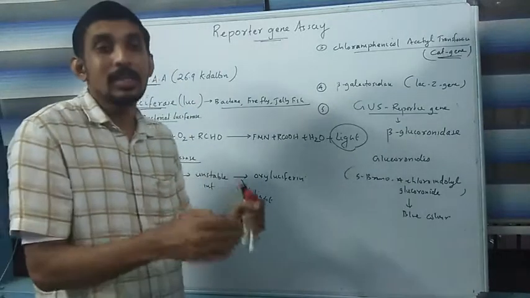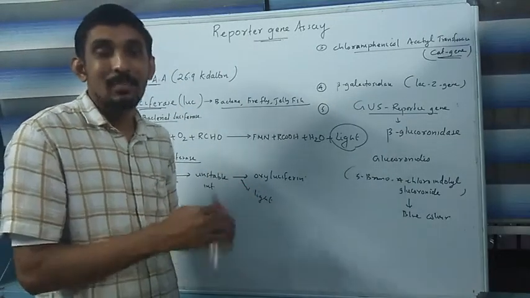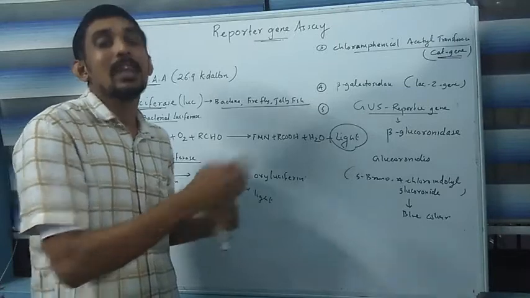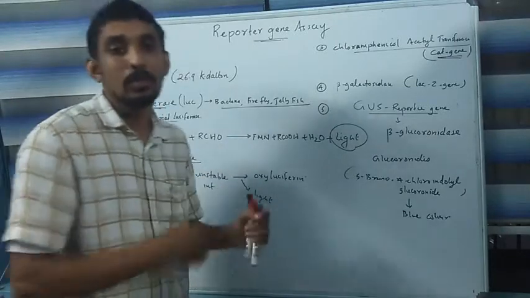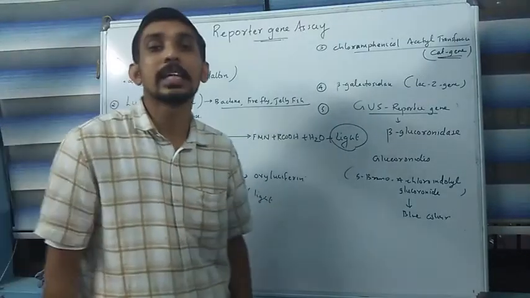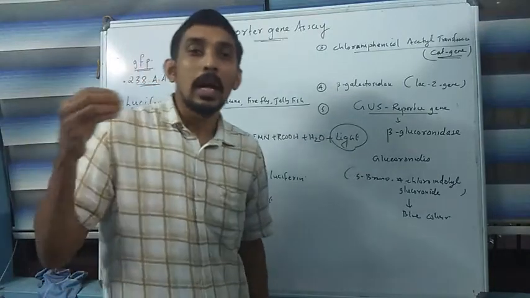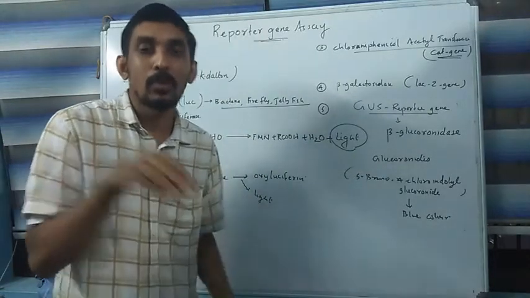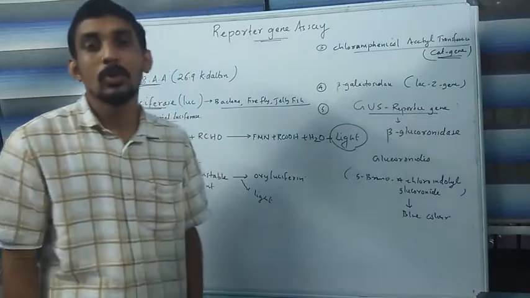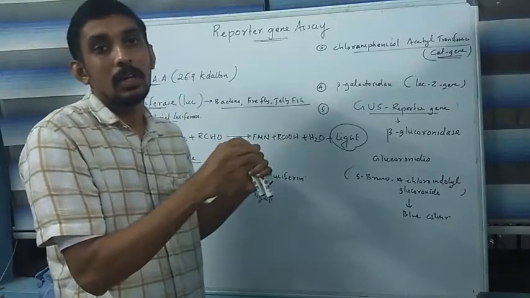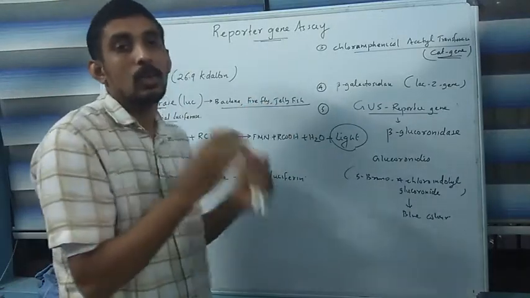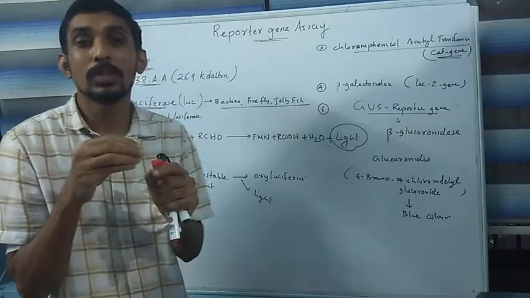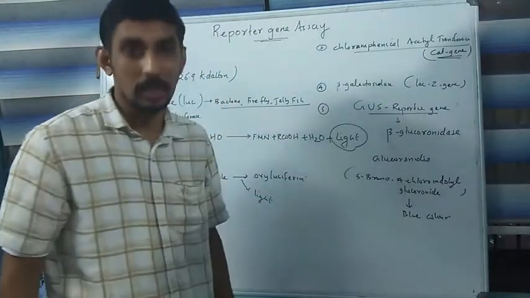In this class, we are going to study the different types of reporter genes which are used in genetic engineering to analyze the presence of a foreign gene inside the cell. Normally, these reporter genes are ligated or tagged on a foreign gene which is going to be inserted into the cell.